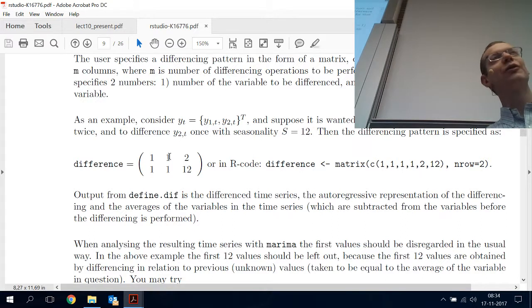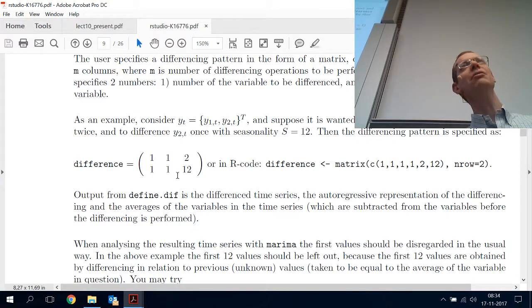Then we take the first variable and difference with lag 1 again. Then we take the second variable and difference with lag 12. So we get the first variable differenced twice, and the second variable with a lag 1 difference operator, and the second variable differenced with a seasonal differencing. Does that make intuitive sense? Good.